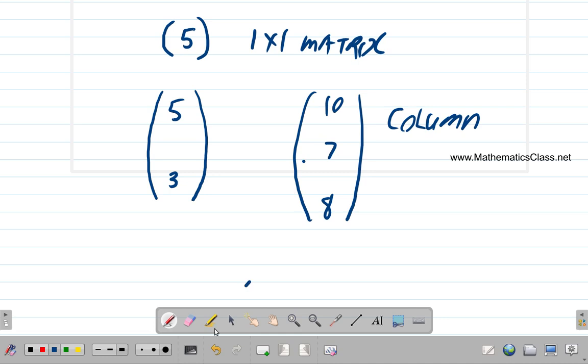Why? Because it has only one column. When you have one column, you say it is a column matrix. So you see that. So that is a column matrix. Please make a note of that.